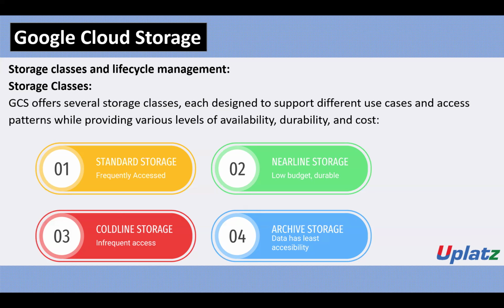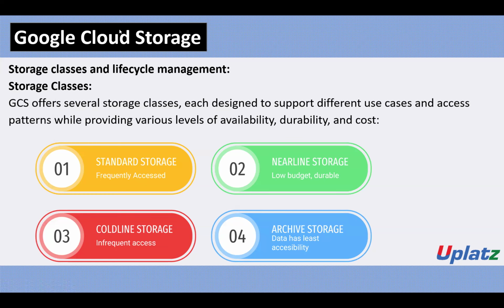So standard storage is for frequently accessed data. Nearline storage, if you would like to access the data, for example, one time in a month. Coldline storage, if you would like to access or update the data every 90 days, or you can say one time in 3 months. And archive storage, if you would like to access the data one time in a whole year.